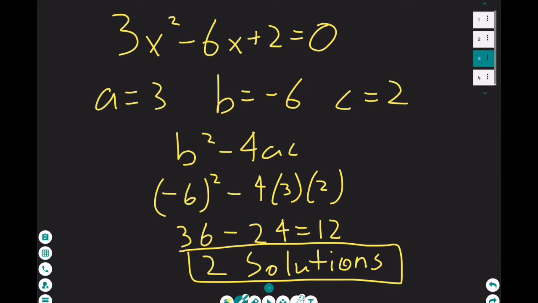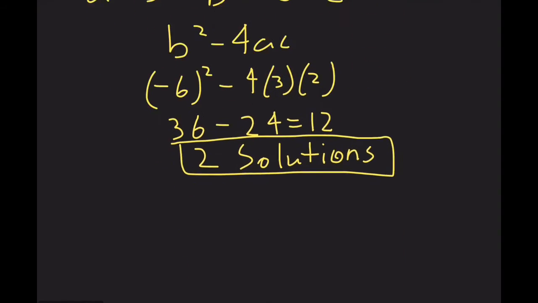So in our second example, we have this equation: negative 2x squared plus 5x equals 4.